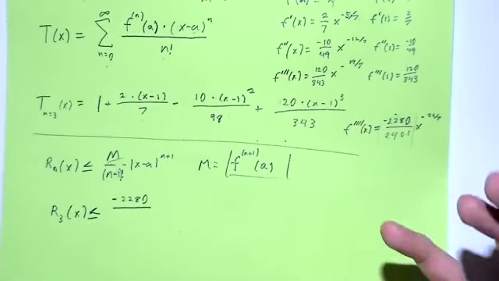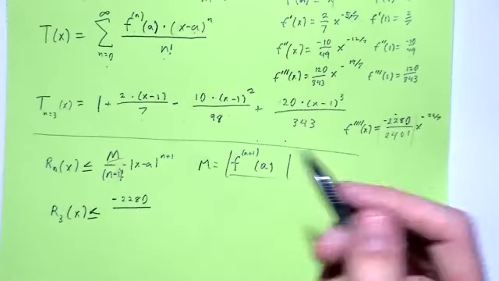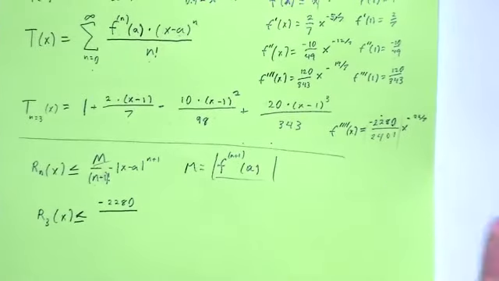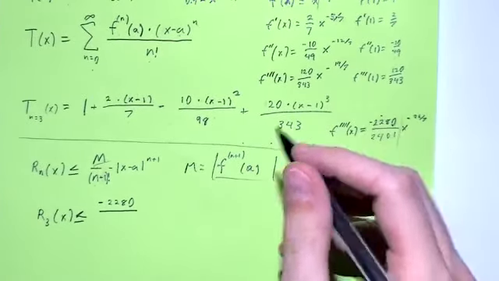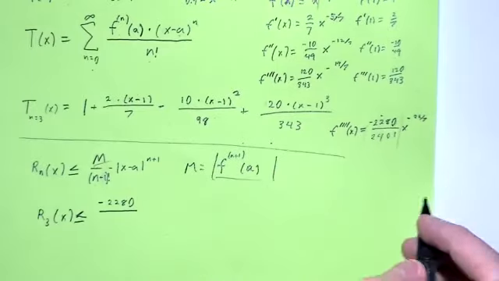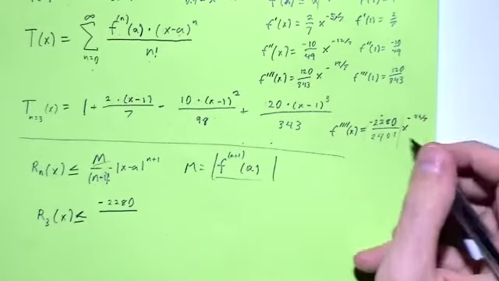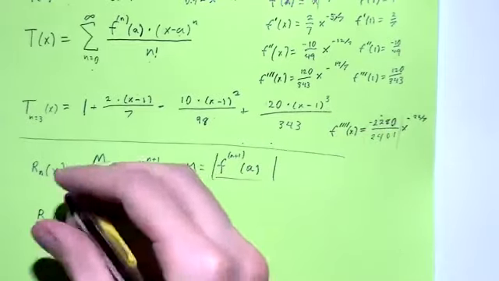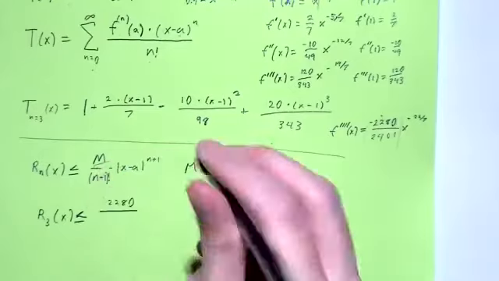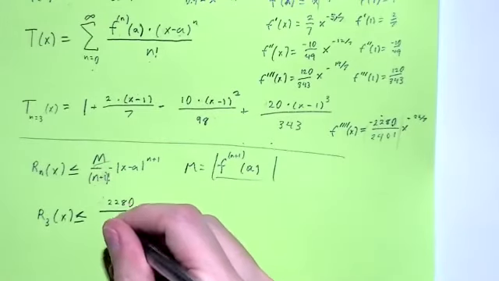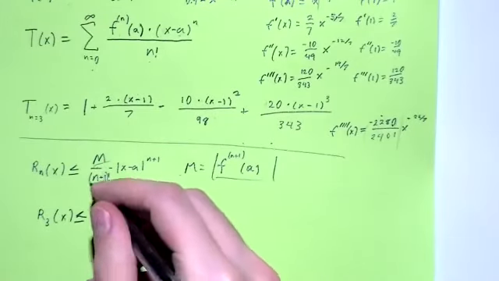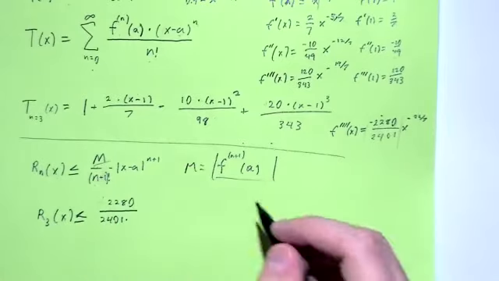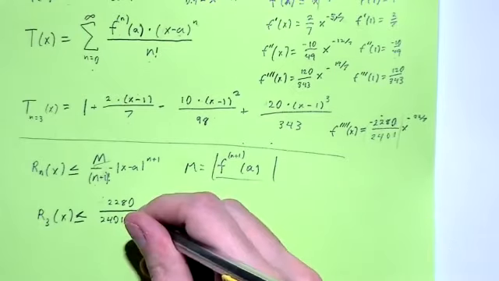The reason we take an absolute value is because a negative error or a positive error is still just some difference from the actual term. So M in this case would be positive 2280 over 2401, and then it's times 4 factorial. So that'd be 4 times 3, which is 12, times 2, which is 24.